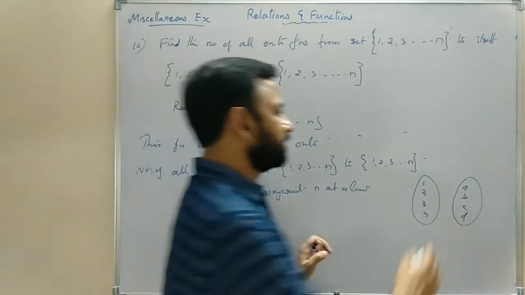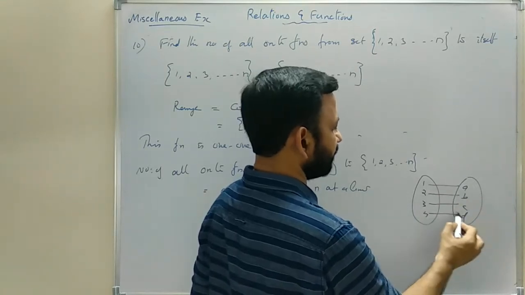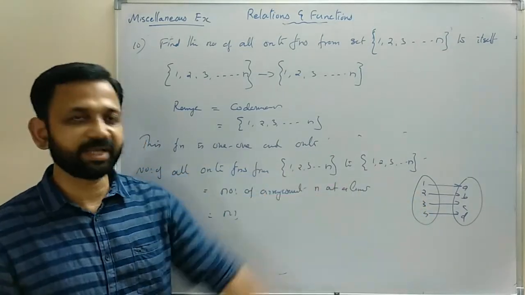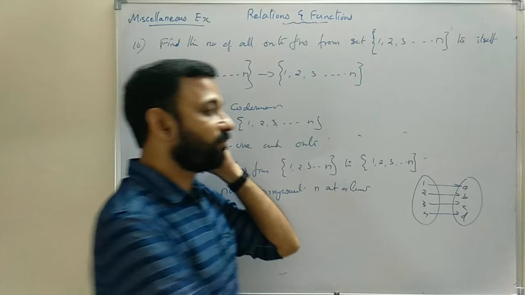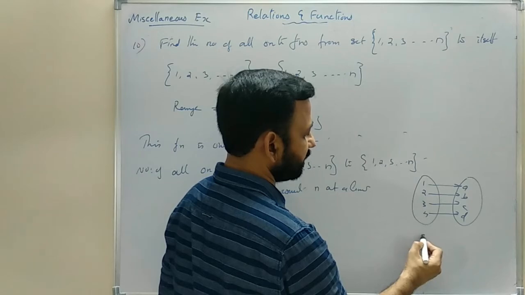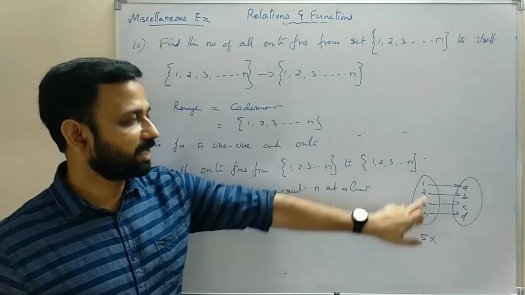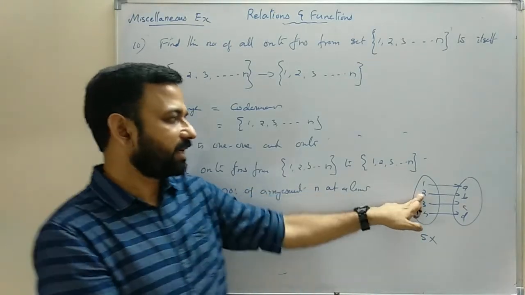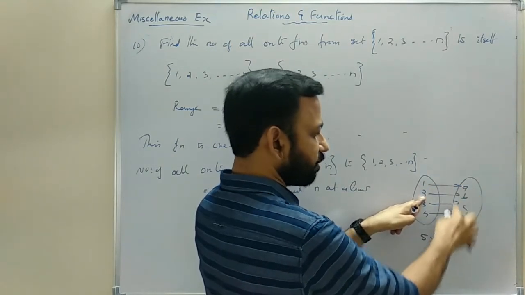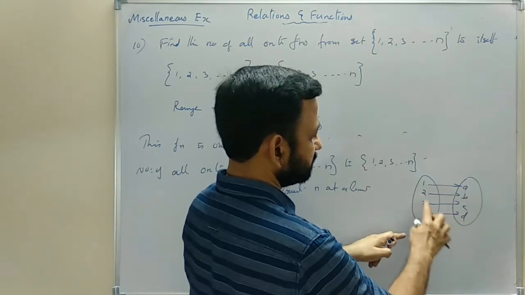Suppose we have 4 elements, 1, 2, 3, 4, and the function is one-one and onto. Then we can find the number of functions. One can be related to any one of these.